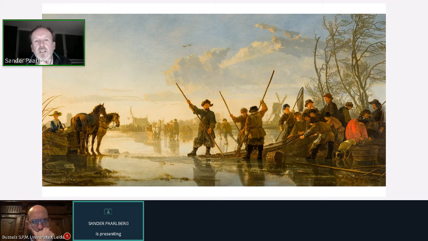And especially in the background, you can see this clear, bright light, a bit of a misty golden light. And this was very much, of course, a sort of inspiration for especially Turner.